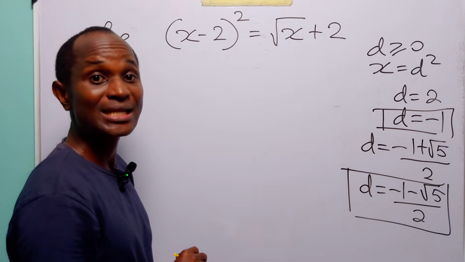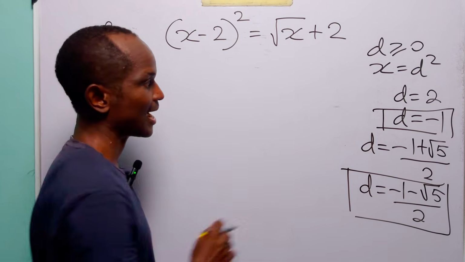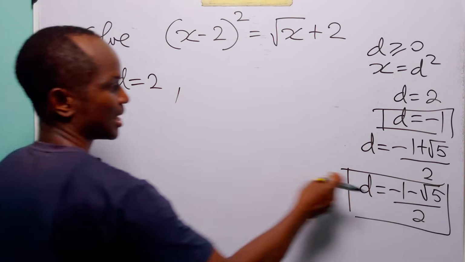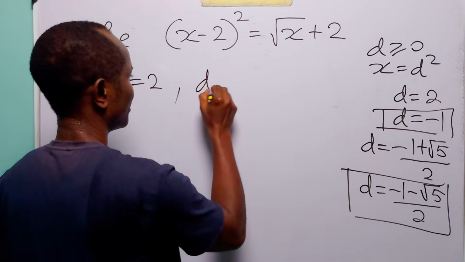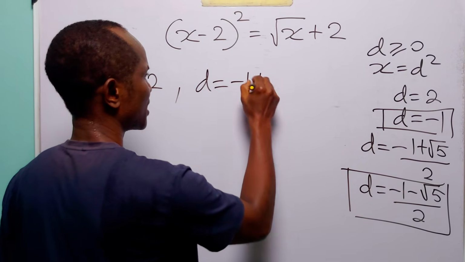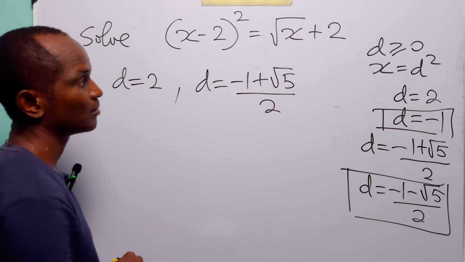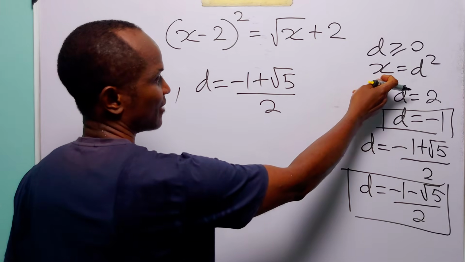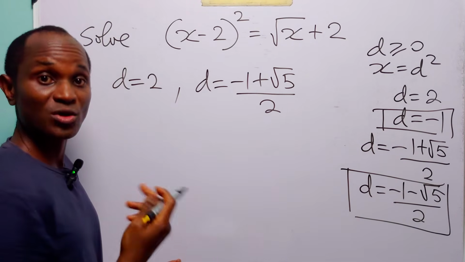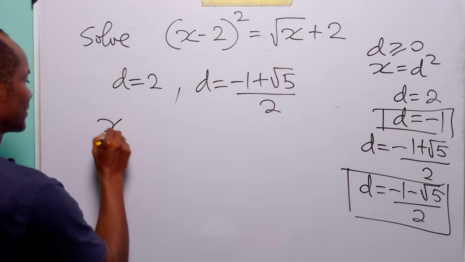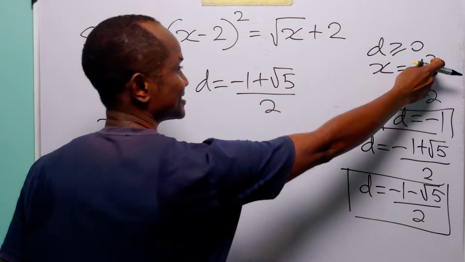So we have that the only acceptable values of d are d equal to 2 and d equal to minus 1 plus root 5 over 2. And of course, now we have to find the value of x, because that is what we are looking for. And we know that x is equal to d squared.